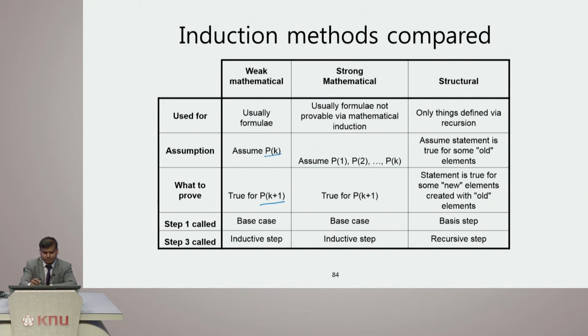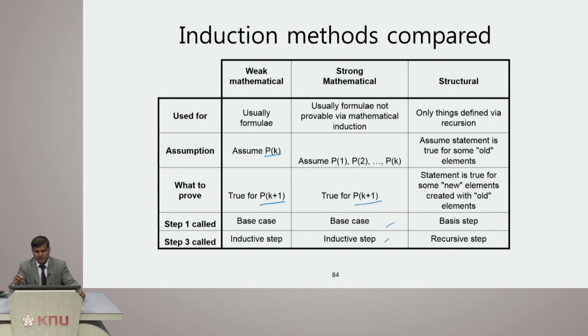Here we assume that P of 1, P of 2 till P of k are all true. Then we have to prove P of k plus 1 is true. The same base case and inductive step are applied.